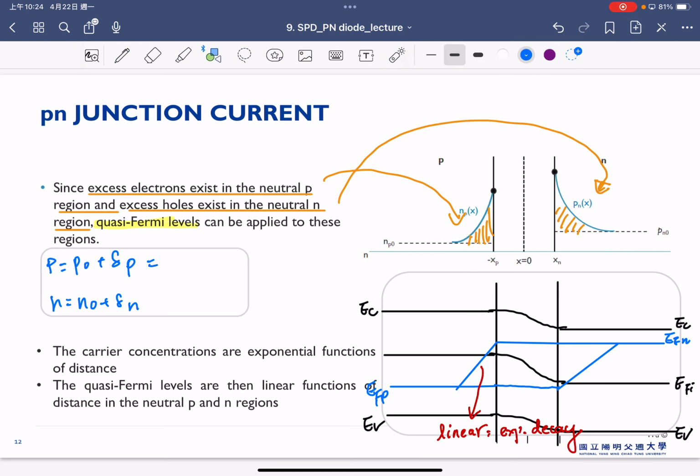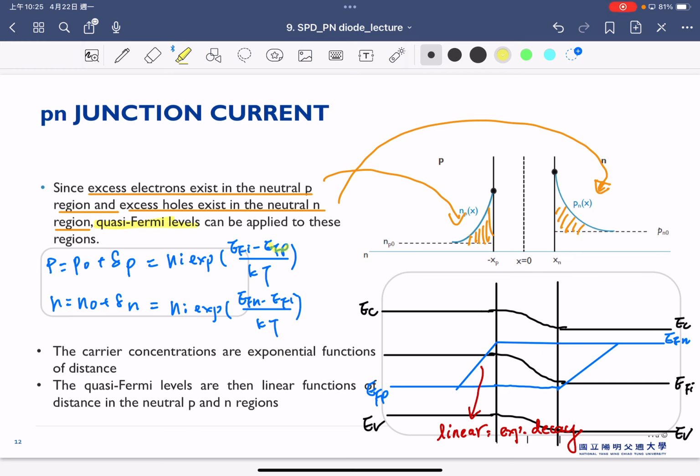The total concentration in the P region will be equal to Ni exponential of (EFI minus EFP) over KT, and that EFP is our quasi-Fermi level. And similarly, this one is equal to Ni exponential of (EFN minus EFI) over KT.